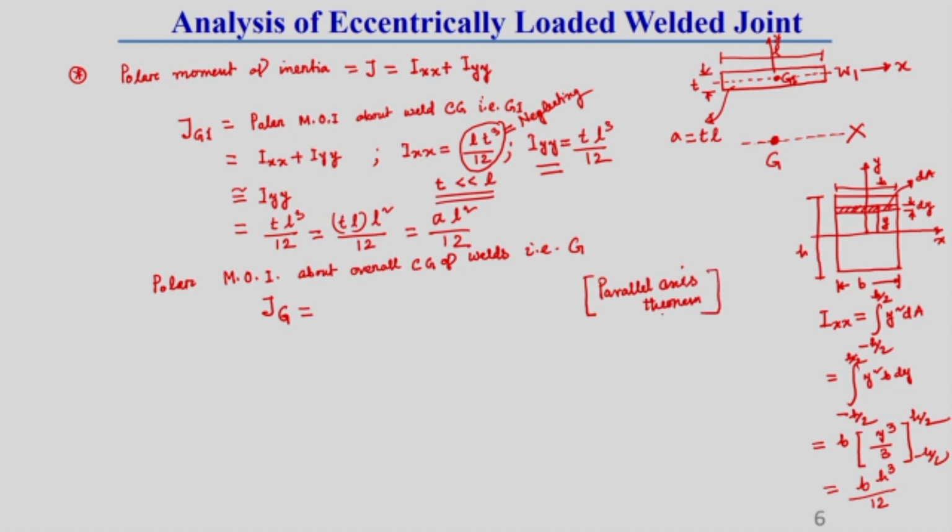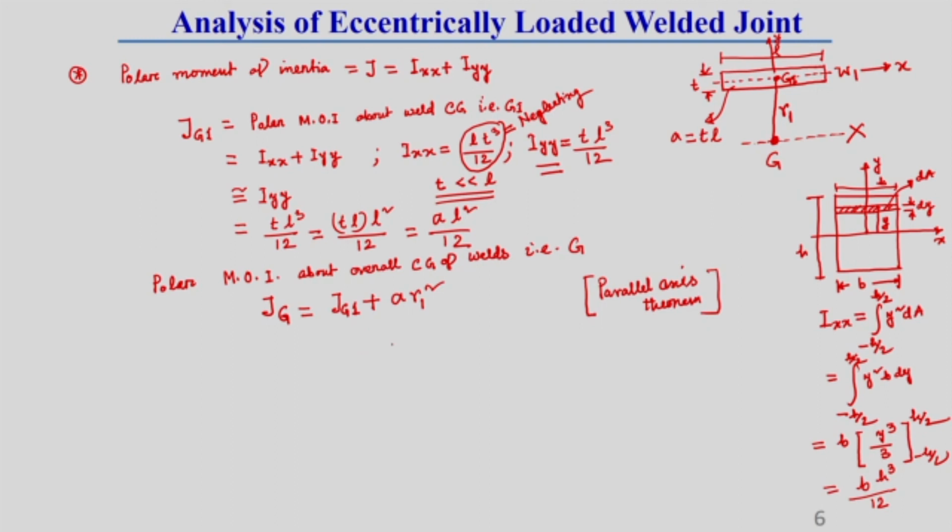The parallel axis theorem tells us that the polar moment of inertia about its own G, that is Jg1, plus, always keep in mind, the area of that weld times the square of the distance from this G to G1. Let this distance from G to G1 be R1.